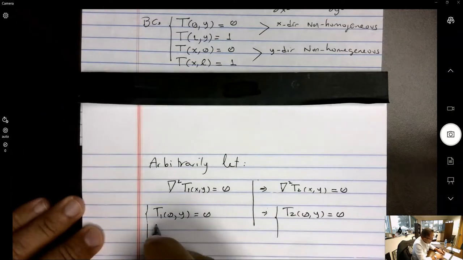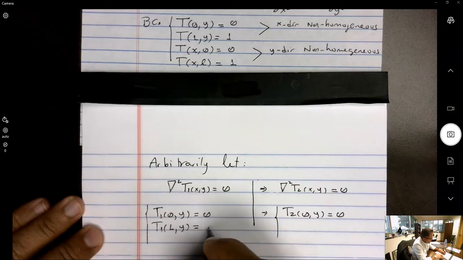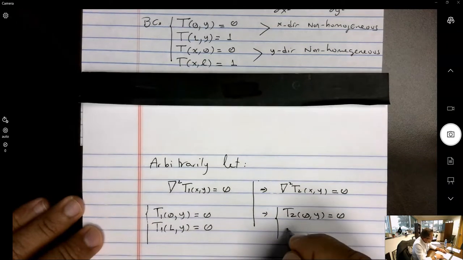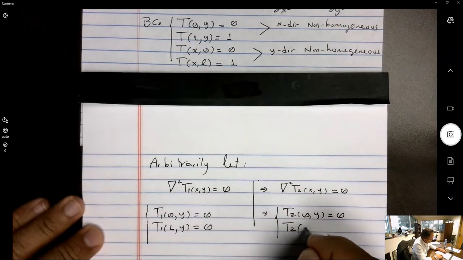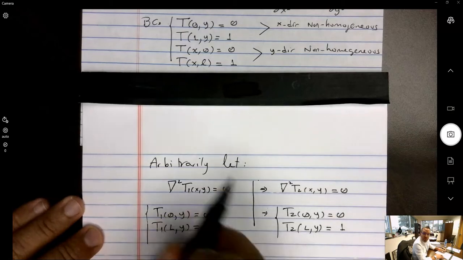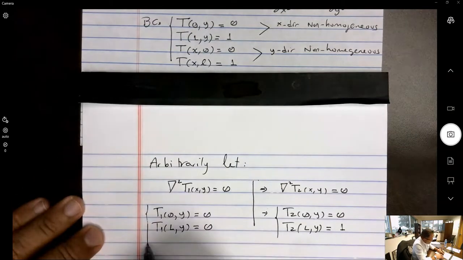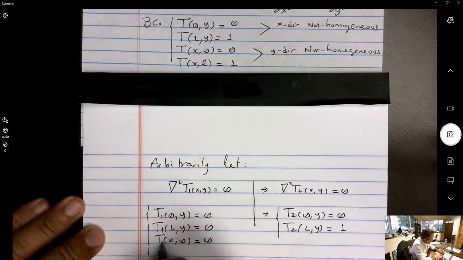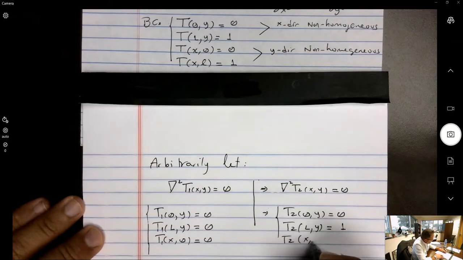Now, if T1 at x equal big L, I'm going to set it up to be 0 also. Then T2 at L, comma y, then should be equal to 1, because 0 plus 1 gives you 1. And likewise, if T at x, comma 0 is equal to 0, T1 at x, comma 0 is equal to 0, then T2 at x, comma 0 should also be equal to 0.